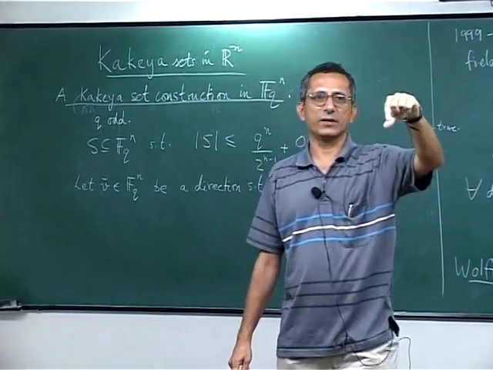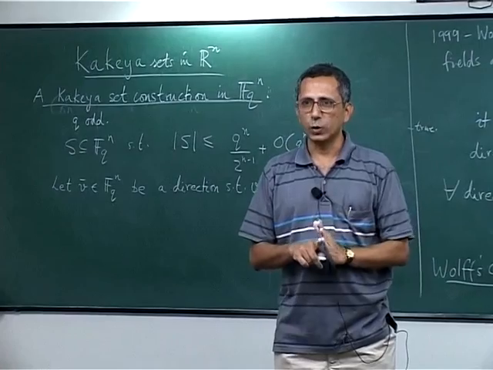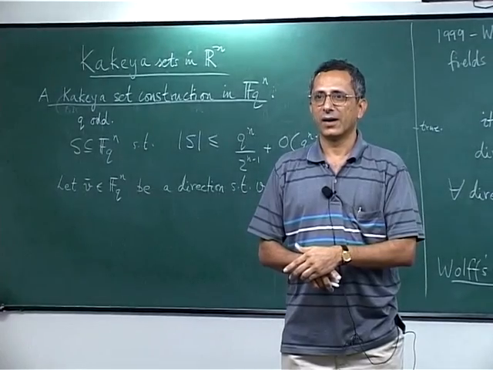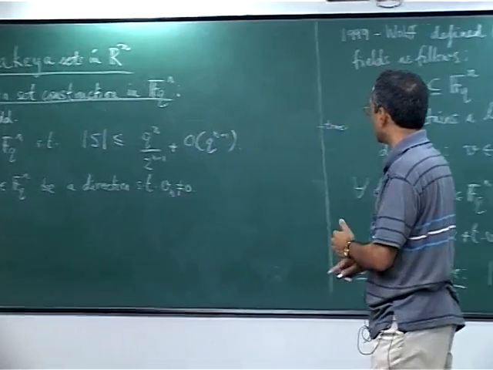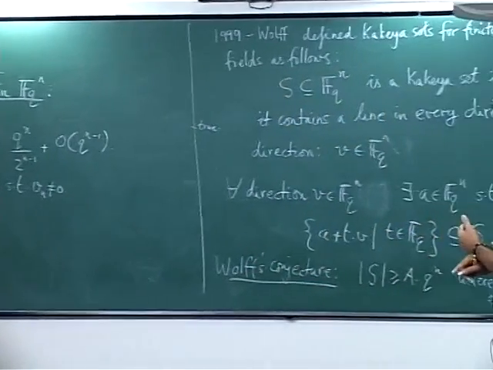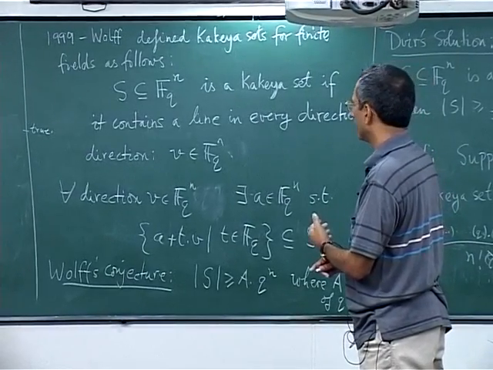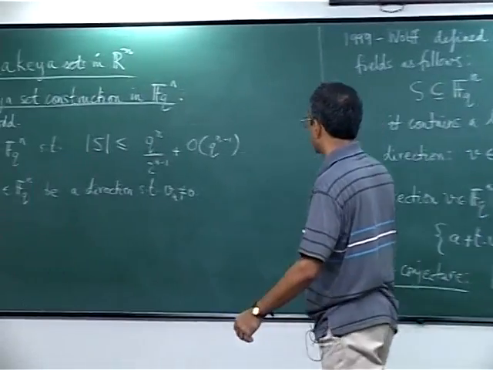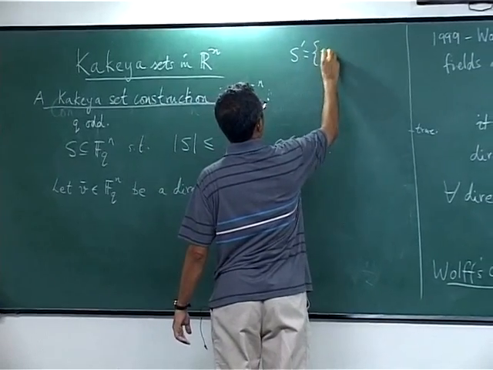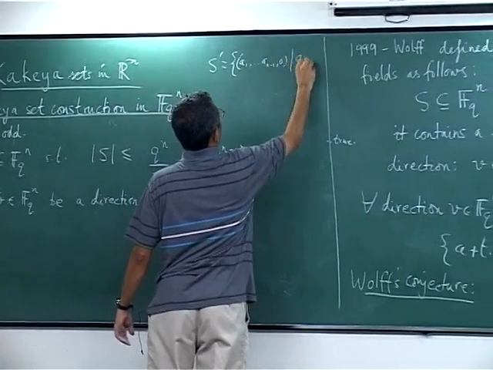If I set the nth coordinate of the direction vector to 0, I have q^(n-1) choices. So I can anyway take through the origin each such direction and add all those points. So I can always let S' be all points of the form (a_1, a_2, ..., a_(n-1), 0), with each a_i in F_q.